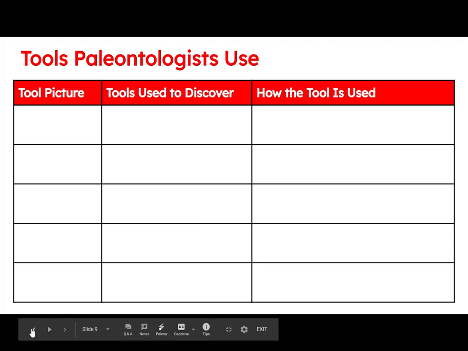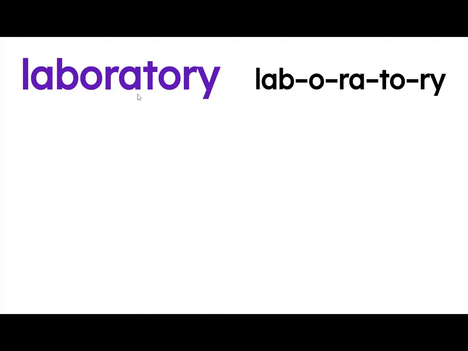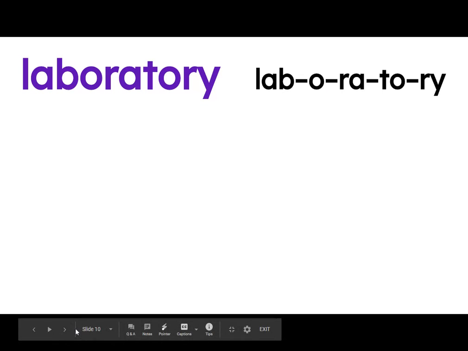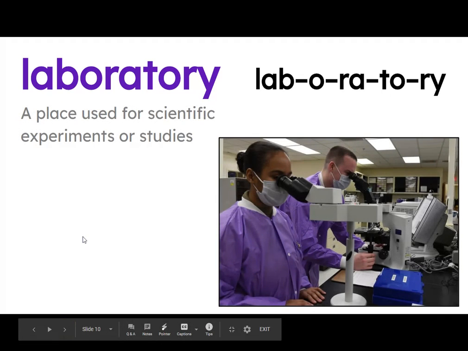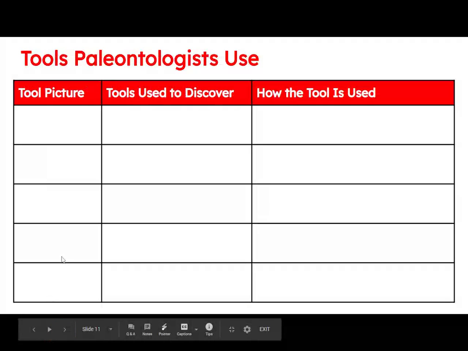Okay, before we read, let's look at this word laboratory. That's a big word. Say that word, laboratory. Okay, and you can break it up in syllables to help you. A laboratory is a place used for scientific experiments or studies. So you're going to hear that word.